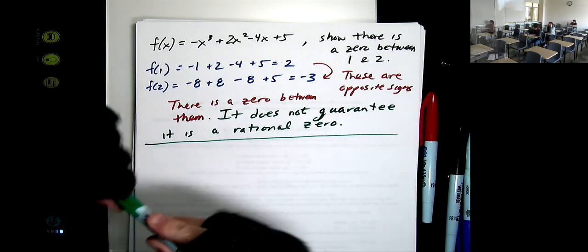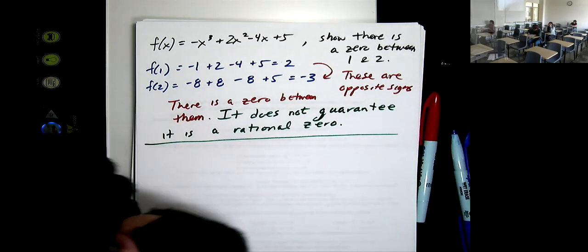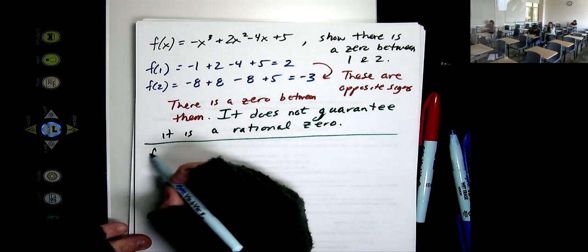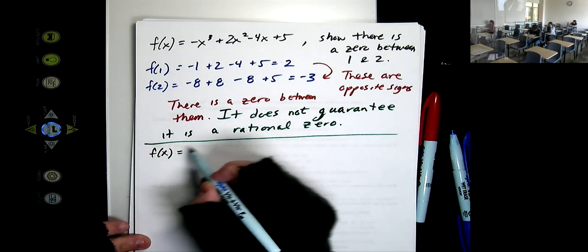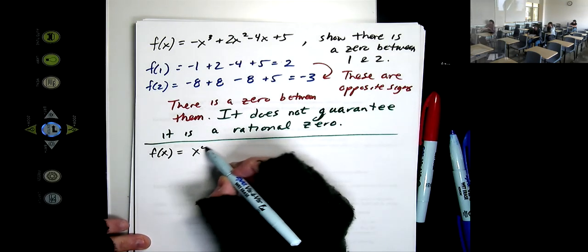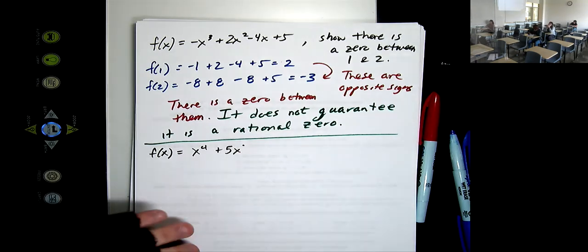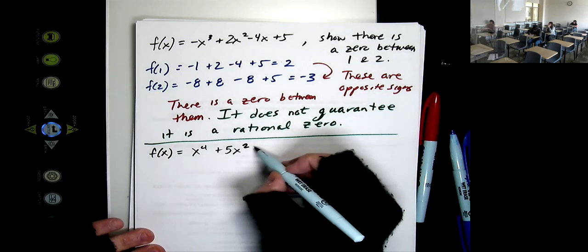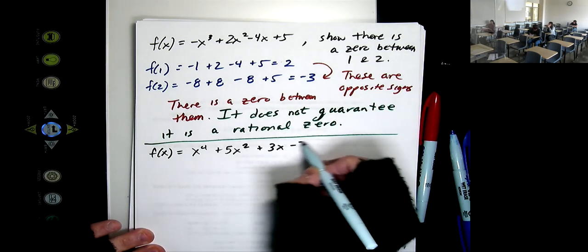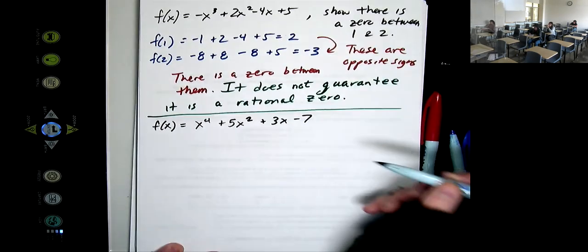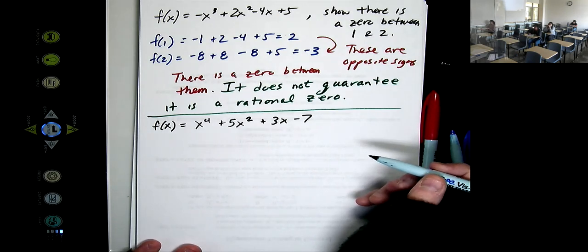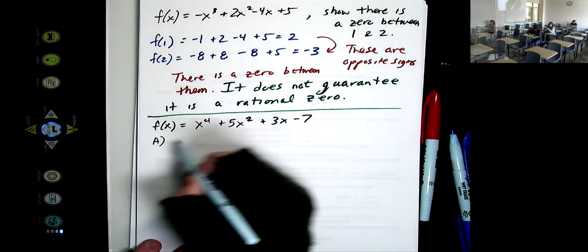Showing the bounded theorem on a couple things. f of x equals x to the 4th plus 5x cubed, no, 5x squared plus 3x minus 7. Let's show there is no 0 greater than 1.